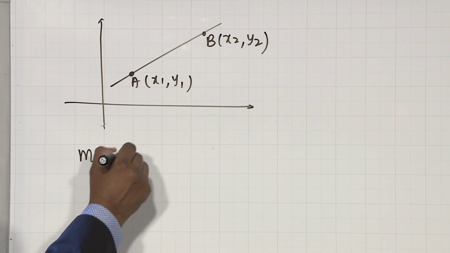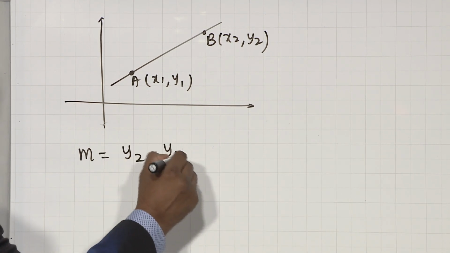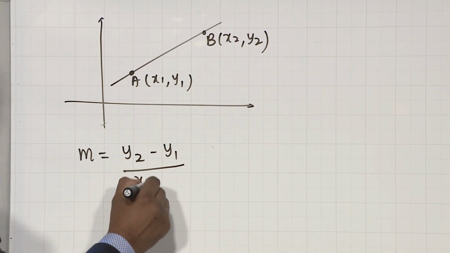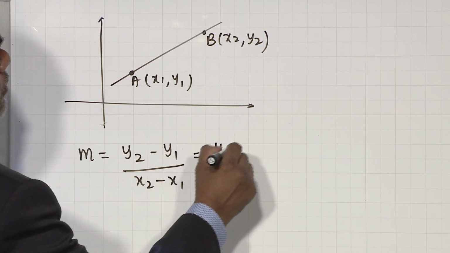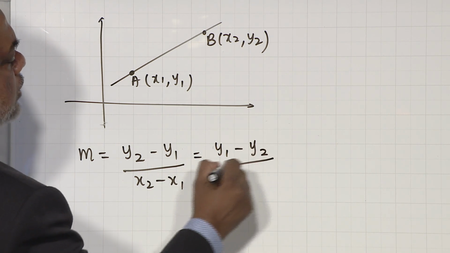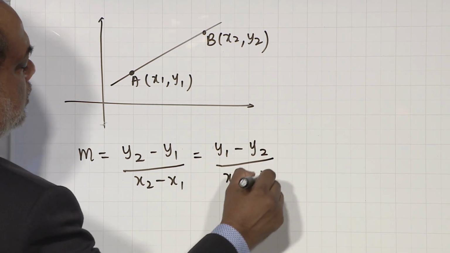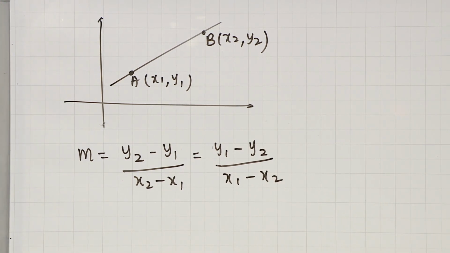What's the formula to find the gradient of the line? y2 minus y1 over x2 minus x1, which can also be written as y1 minus y2 over x1 minus x2.